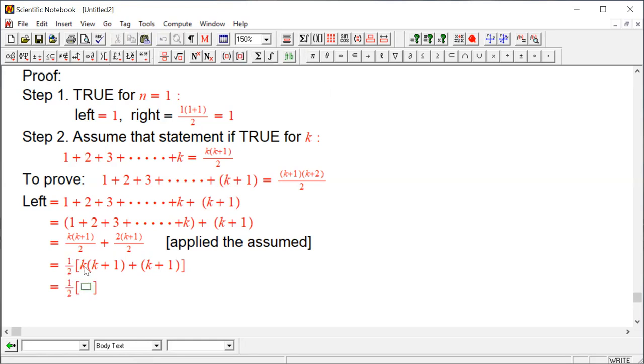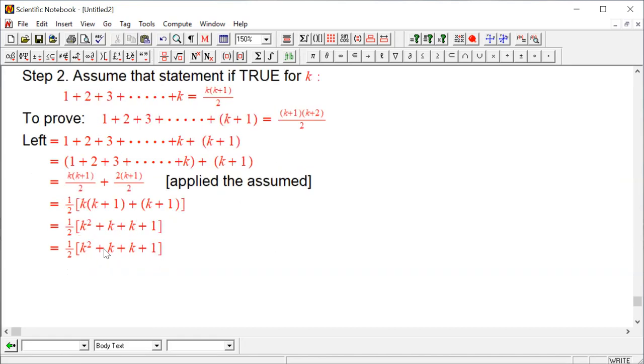And inside the bracket, we're going to distribute: k times k is k squared, and k times 1 is k. And there's another k, and there's another 1, right? So now we get k squared plus 2k, wait, I think this is 2. Sorry, this is 2k, this is 2.